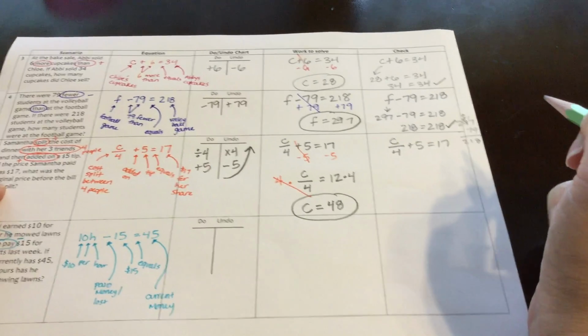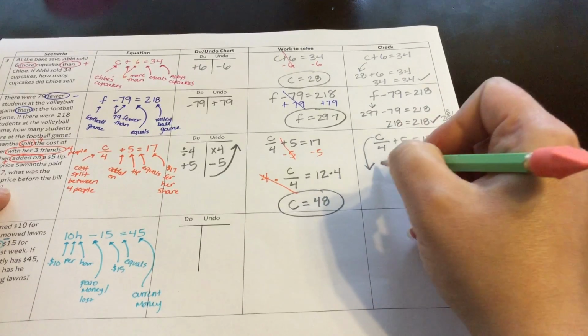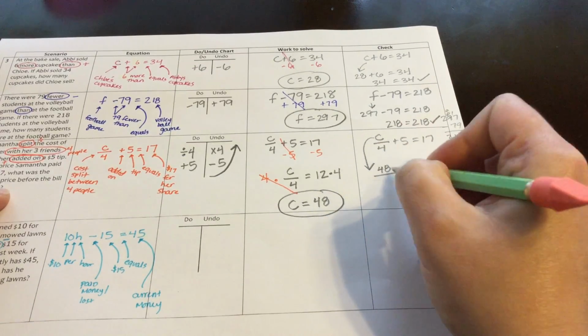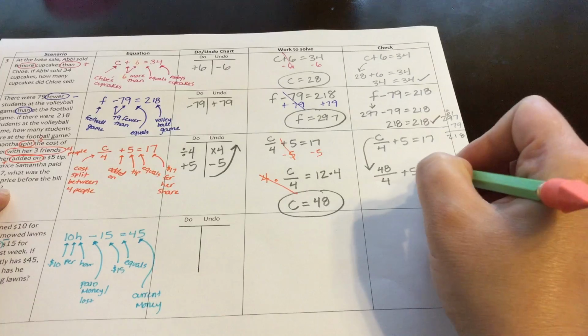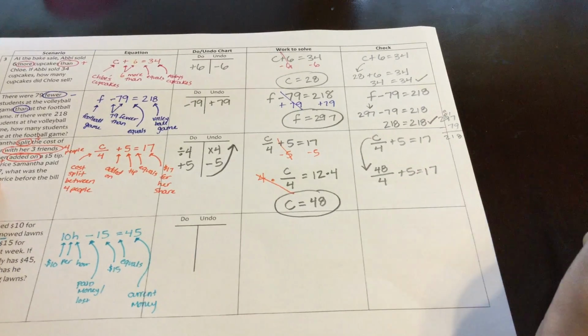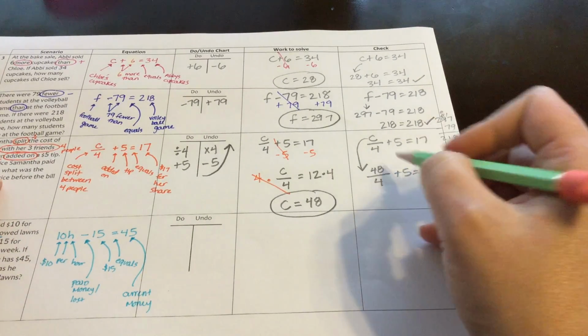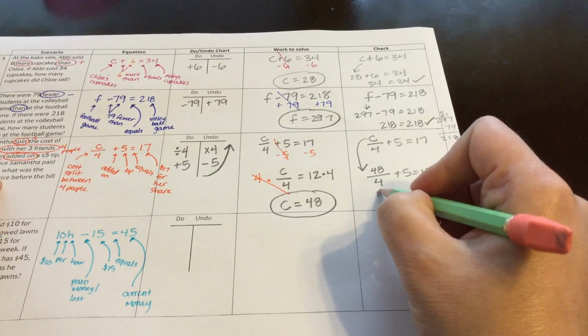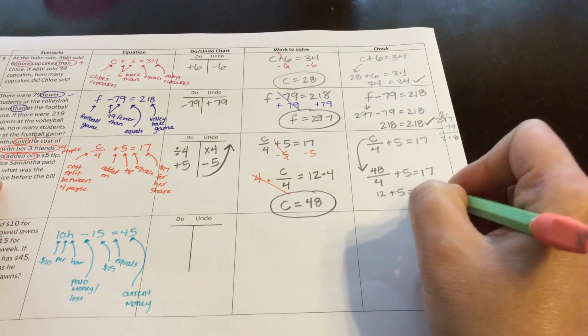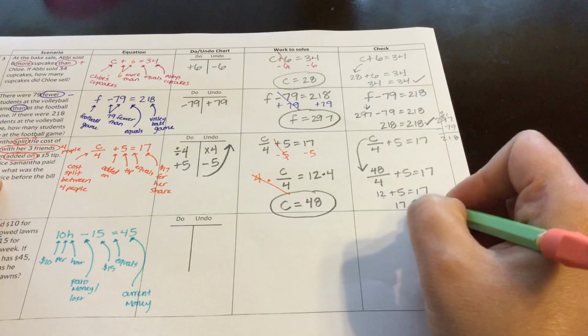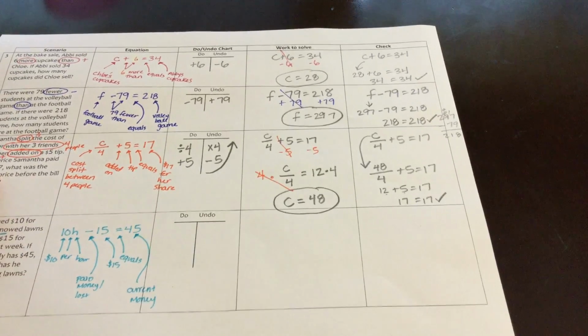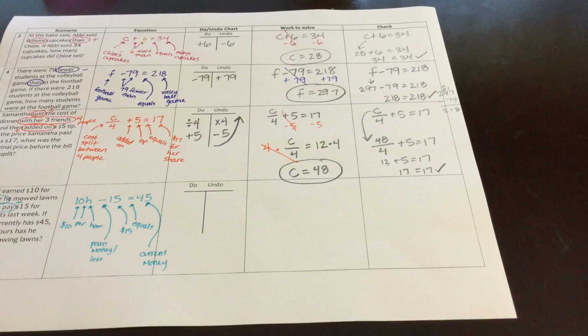And I believe that C is 48. To verify that, substitute 48 and simplify the left-hand side like you would simplify an order of operations problem. 48 divided by 4 is 12, and 12 plus 5 is 17. And I get a true statement, so I know it works.